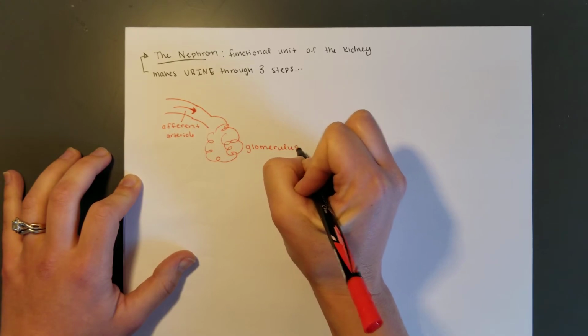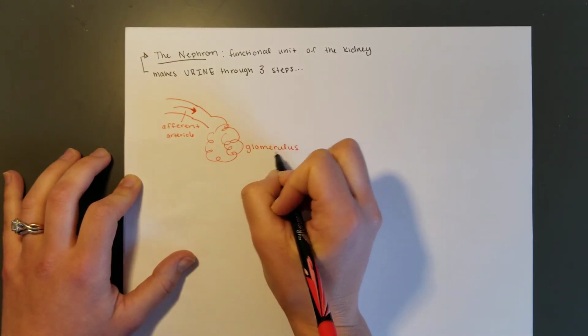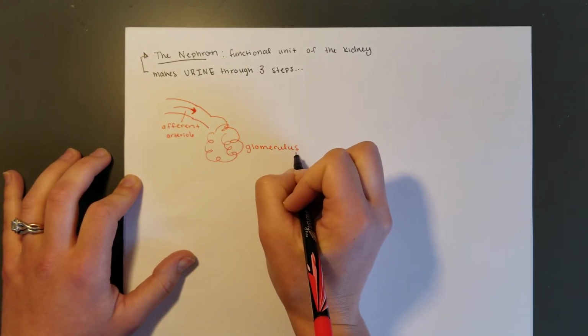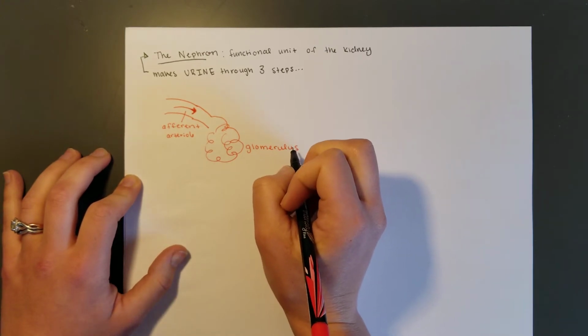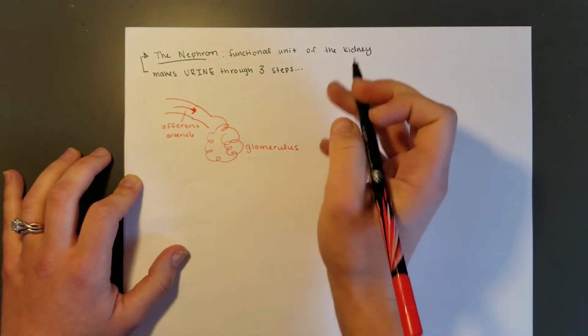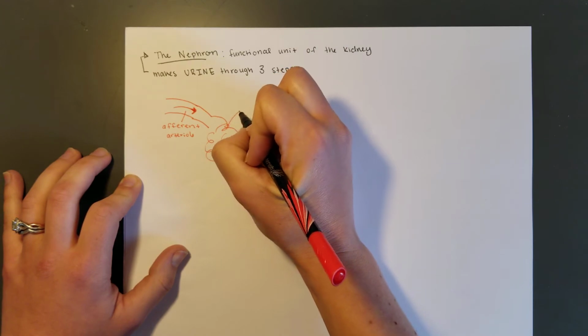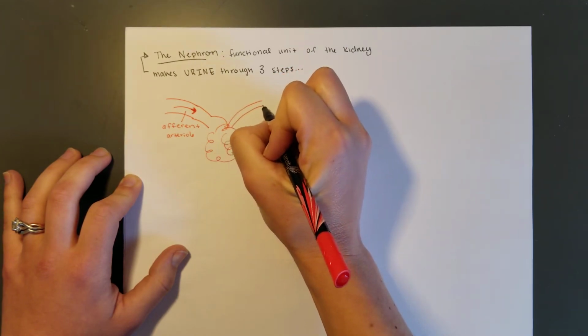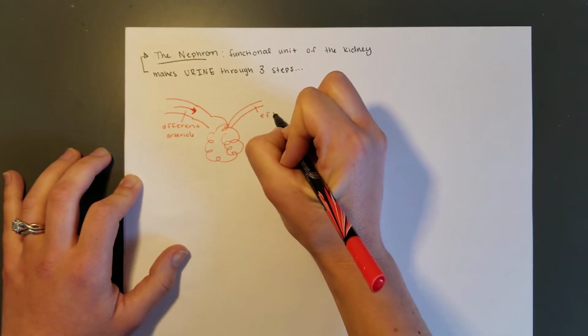The glomerulus is a capillary bed, and we know that we talked about capillaries can be kind of leaky, right? They're the smallest vessels that we have. Leaving the glomerulus is going to be the efferent arteriole.